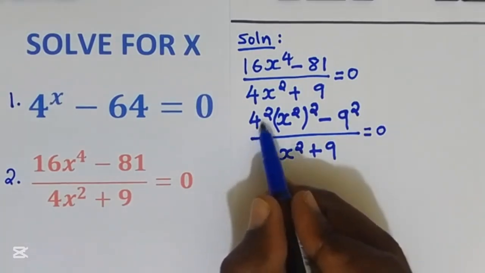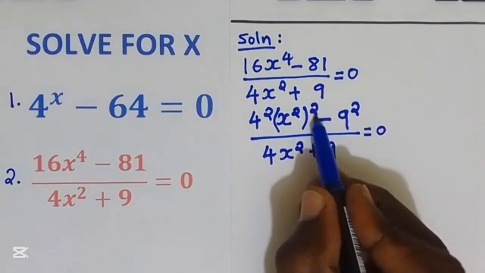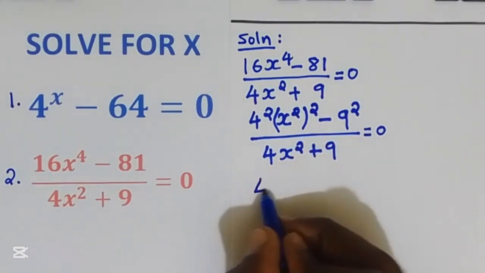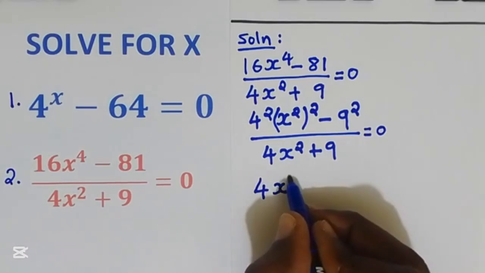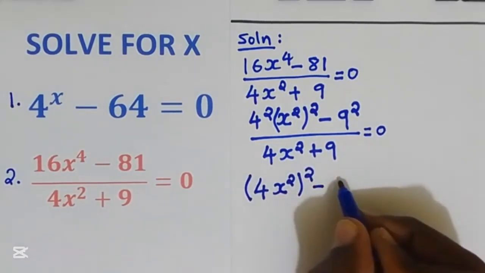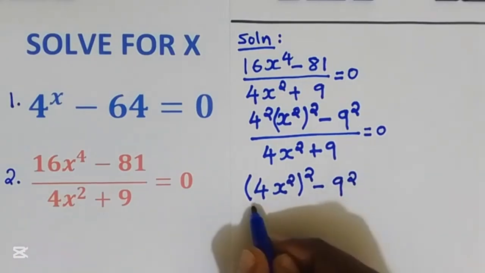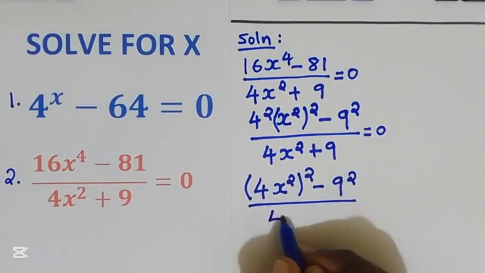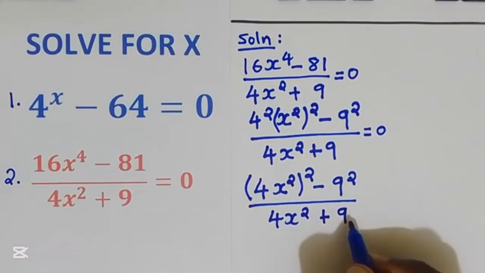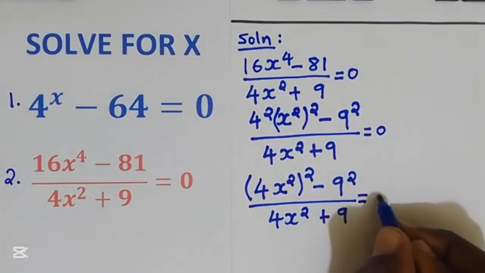I'm going to put 4 squared and x squared squared under the same power. That is going to be 4x squared, all of them squared, minus 9 squared over 4x squared plus 9, equal to 0.